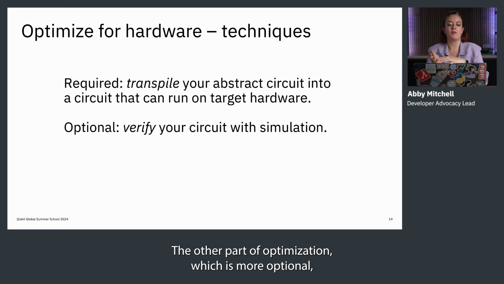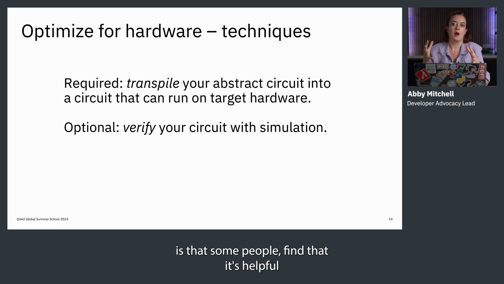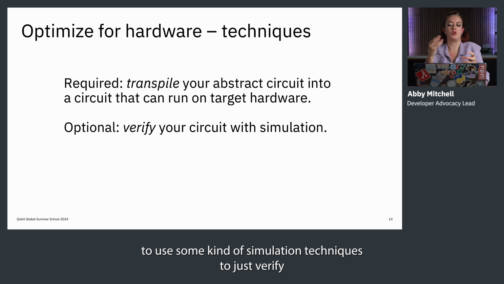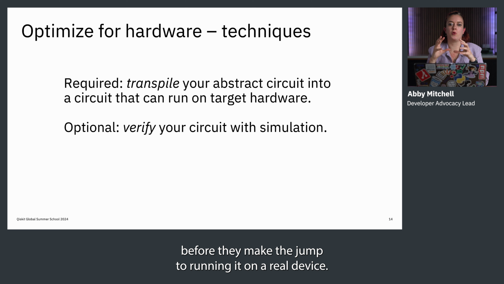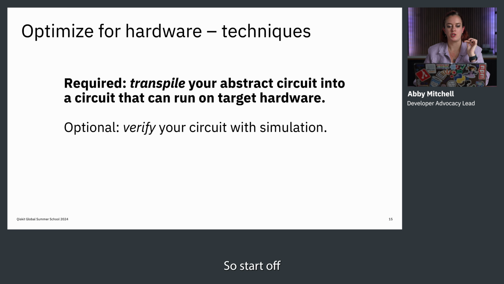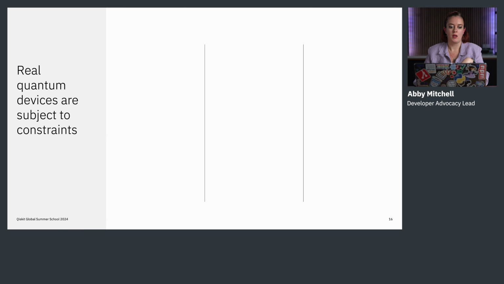The other part of optimization, which is more optional, is that some people find that it's helpful to use some kind of simulation techniques to just verify that their circuit has been constructed in the right way before they make the jump to running it on a real device. So to start off with, let's talk about transpilation.